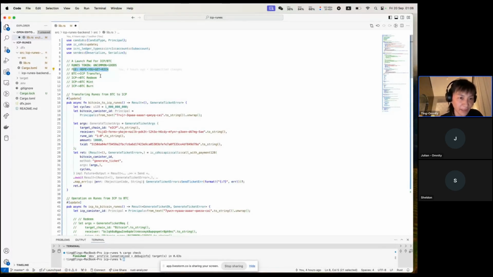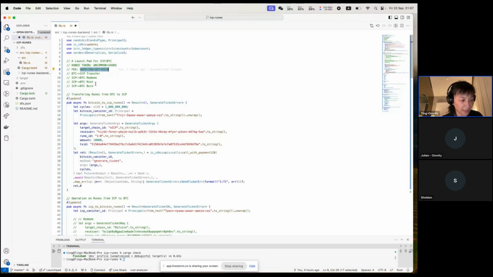Like Julian just mentioned, how you reach is the Omnity Runes token, and for that we could charge users some Runes token for each operation we just did, like transaction and transfer, redeem, and mints.